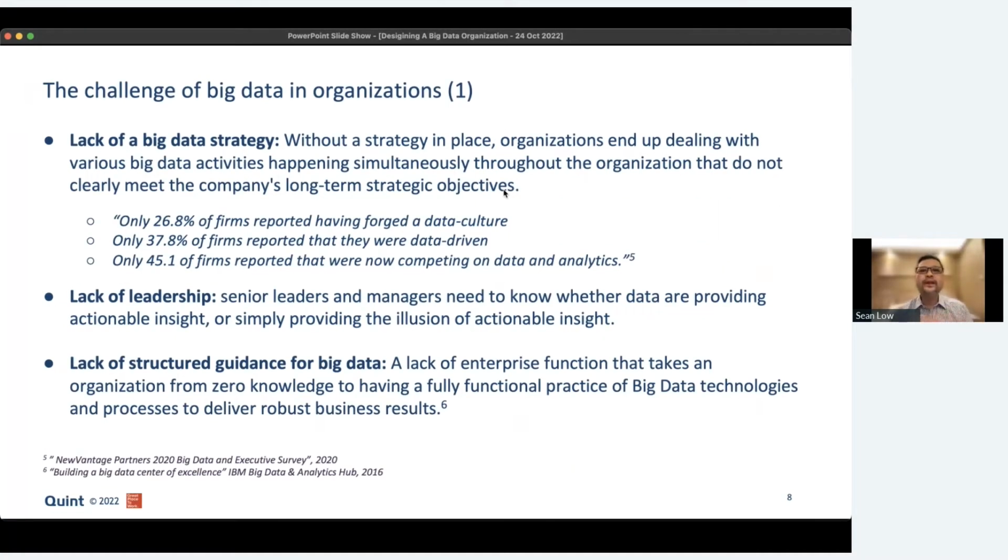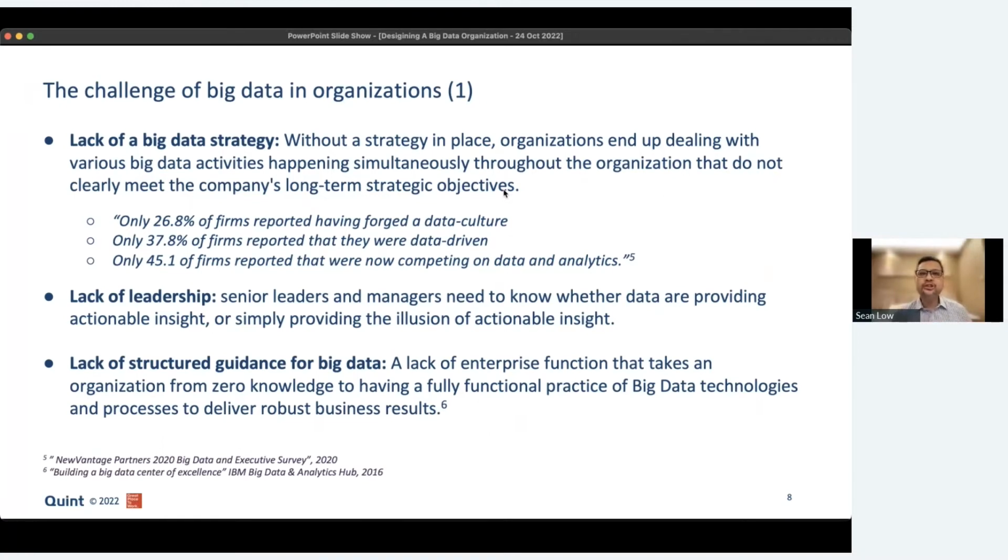And a lot of times we know this. Organizations cannot do well with big data if there is a lack of big data strategy. What do you mean by that? See, a lot of organizations, and I've met many of these organizations, get very excited when we talk about big data, and they want to do it, right? And they think big data is very simple to do, and they don't build a strategy on what they want to do and how they want to do it.